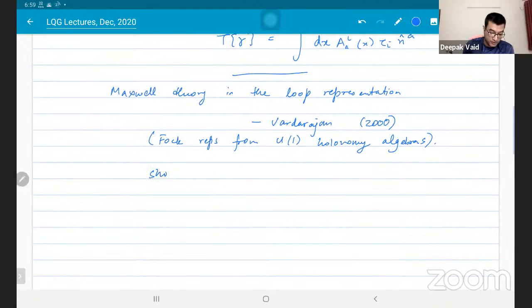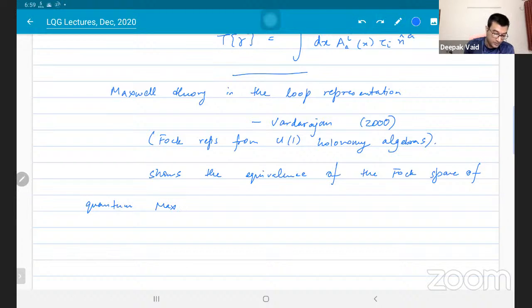It shows the equivalence of the Fock space of quantum Maxwell theory and the loop state space.